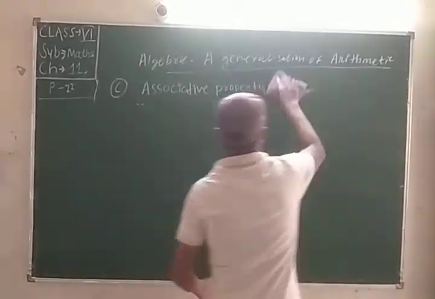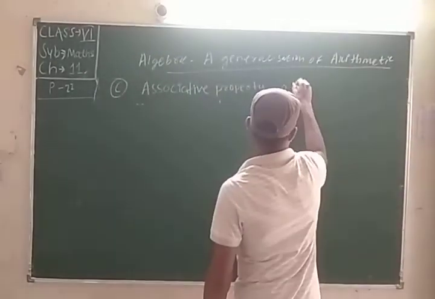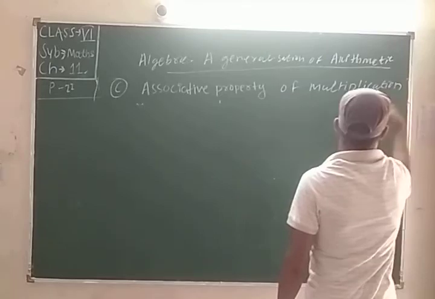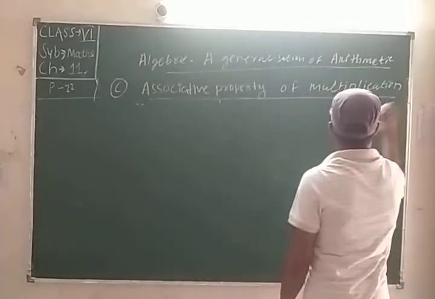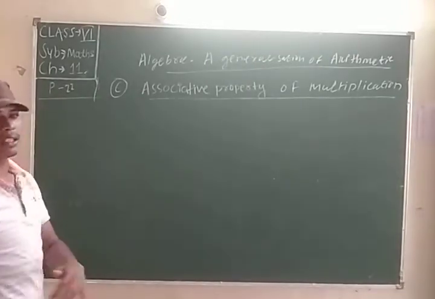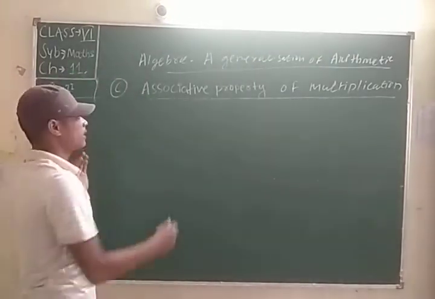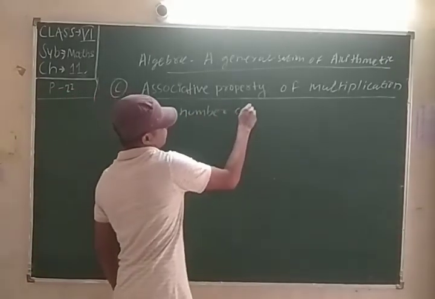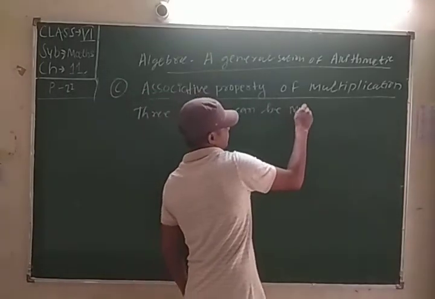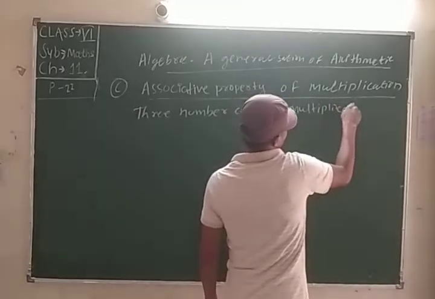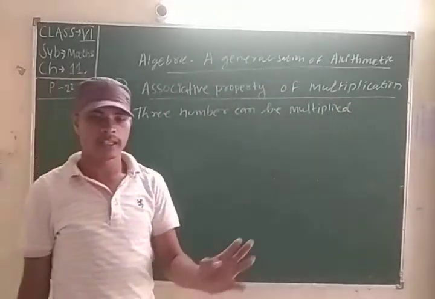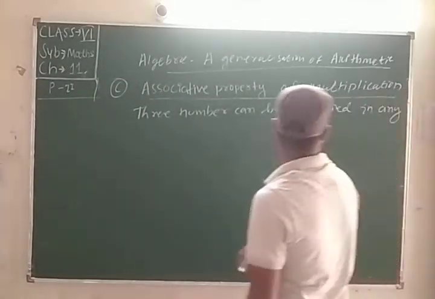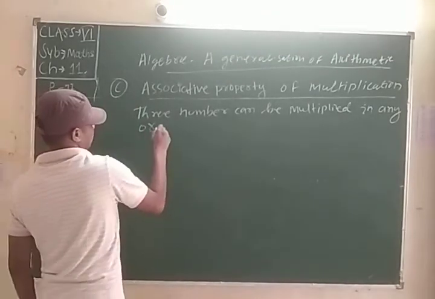Associative property of multiplication means three numbers can be multiplied, and they can be in any order.